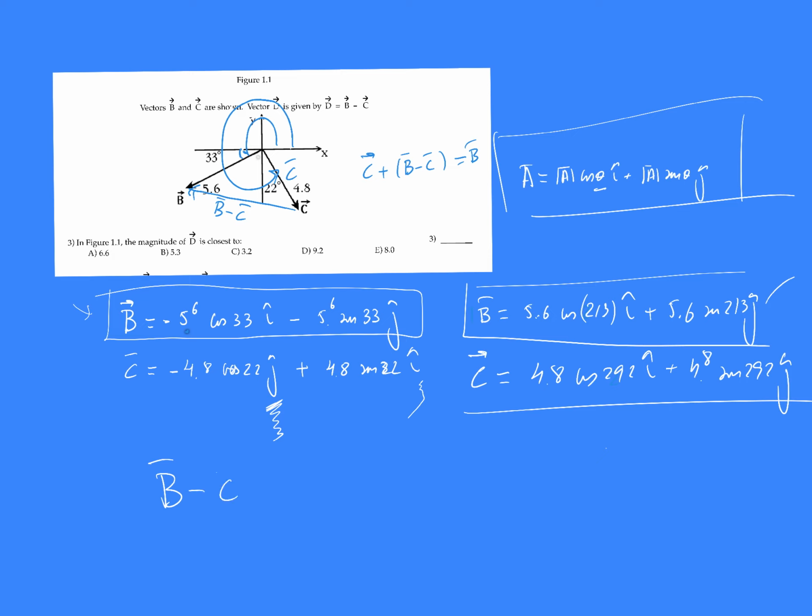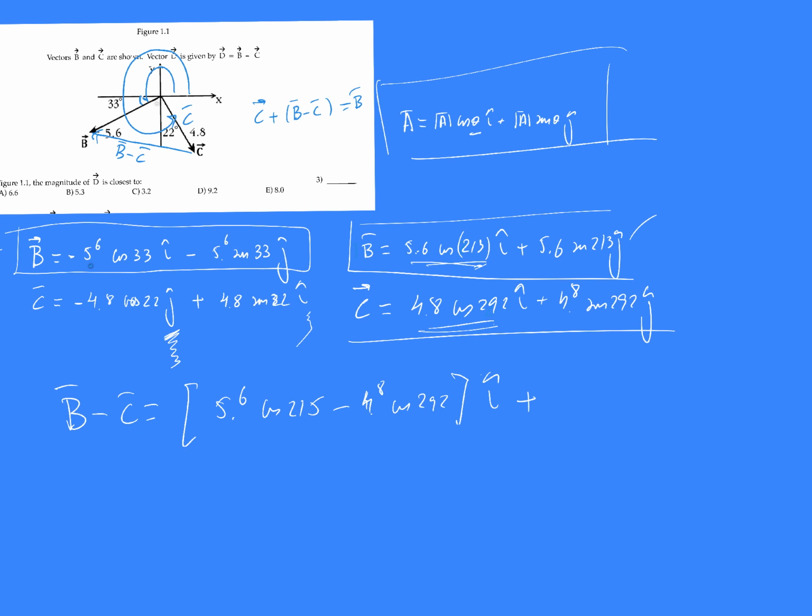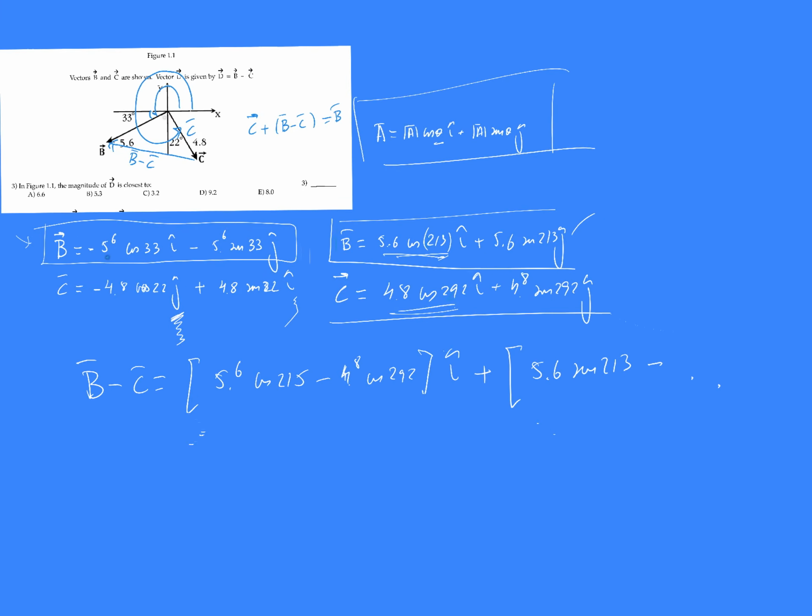It will be the x component of v minus the x component of c: 5.6 cosine 213 minus 4.8 cosine of 292 in the i direction, plus the y component of v minus the y component of c: 5.6 sine of 213 minus 4.8 sine of 292 in the j direction.